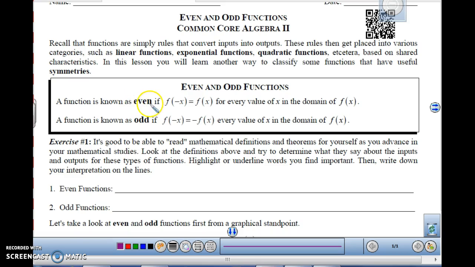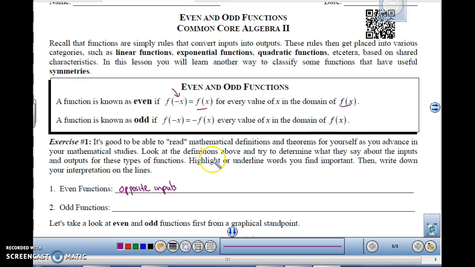Okay, a function is even if. Now, notice right here, we have f of negative x. So that means our input is going to be opposite. So opposite inputs, when you put them into the function, you end up with f of x.